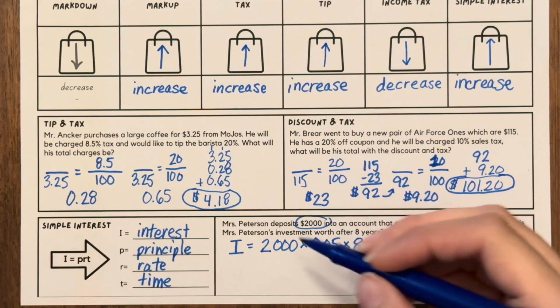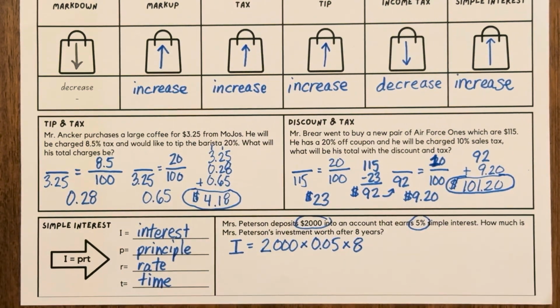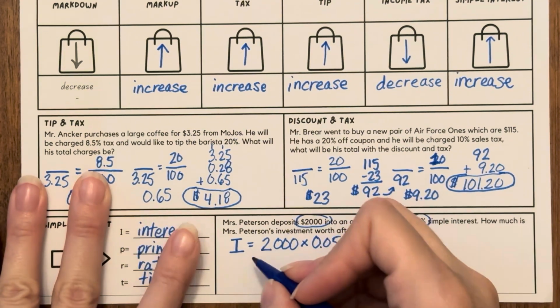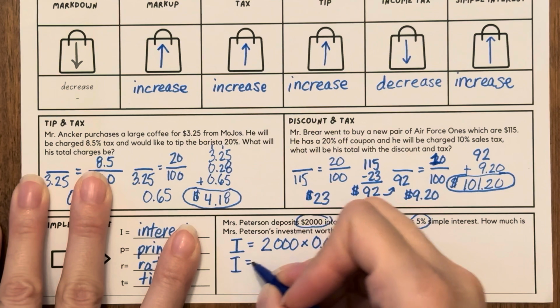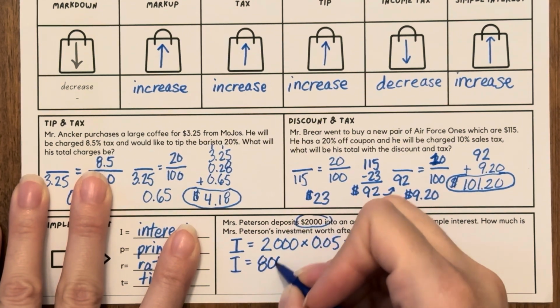Okay, that's gonna get us our interest. So let me go ahead and do the math on this. You guys are probably so much faster than me because you have your calculators in your hand. All right, $800, you guys. So the interest is $800.